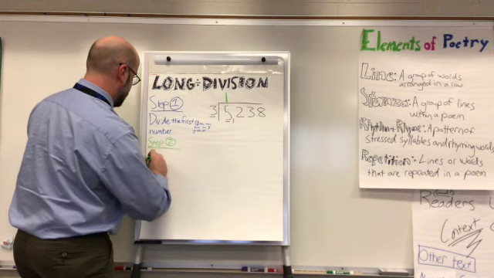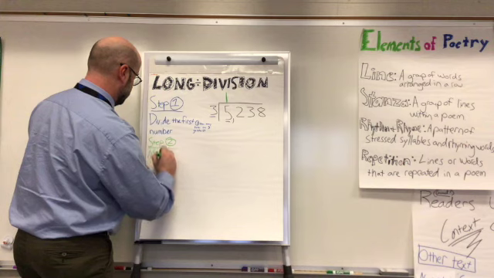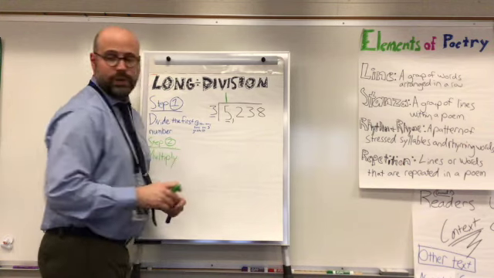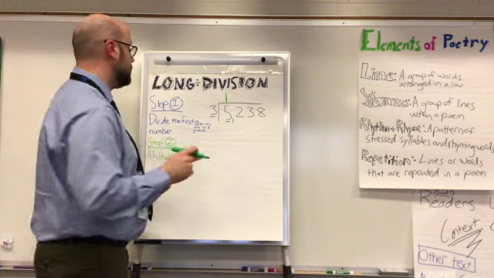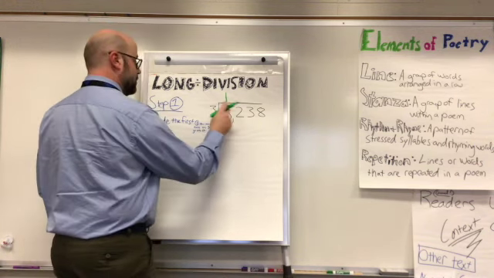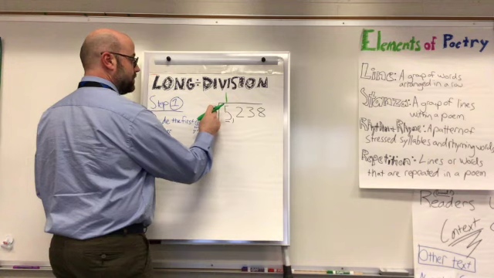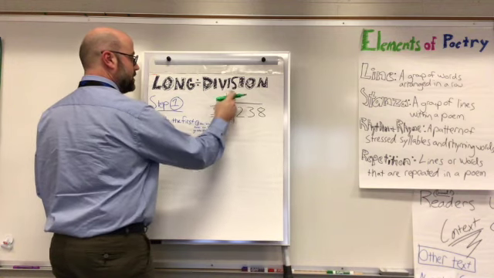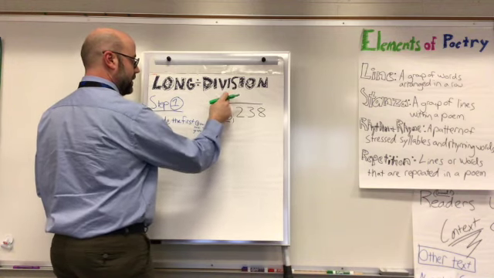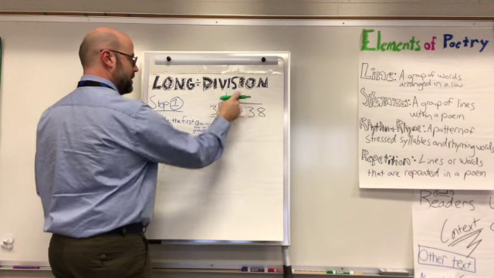Which is multiply. We are multiplying 3 times 1. You're multiplying this number out here times whatever numbers you put up here. So if I put 1 up here, I do 3 times 1. Then if I put the next number up here, it's going to be 3 times that number.